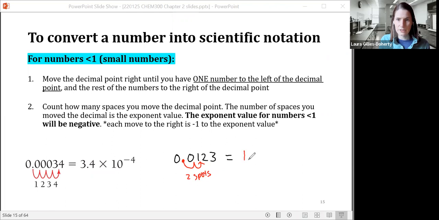So my number ends up being 1.23, right? Ends up right there, times always base 10. And I moved it 2 spots, so my exponent is going to be 2. And I moved it to the right, so it's going to be -2. We'll do one more.